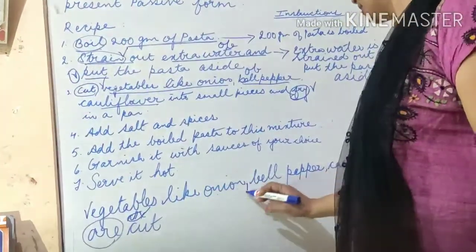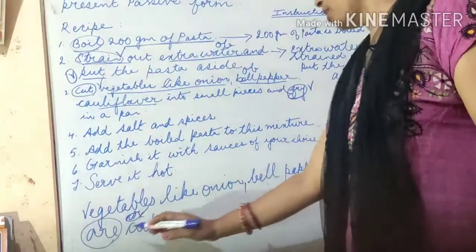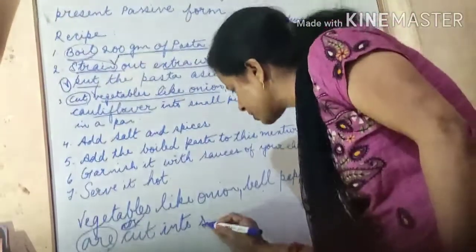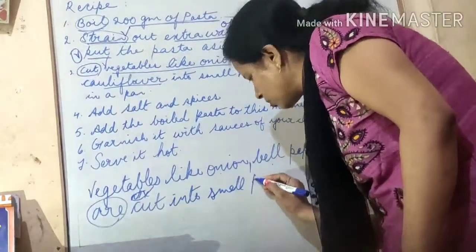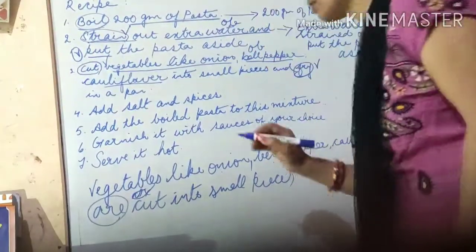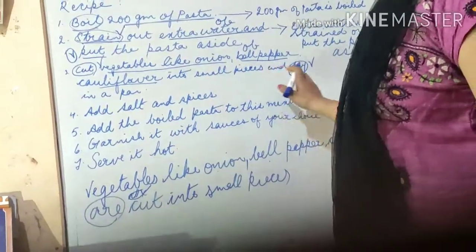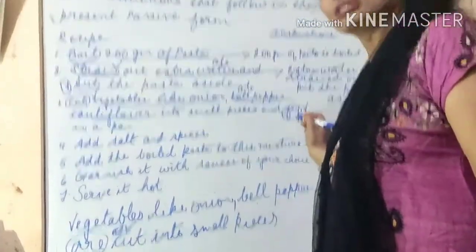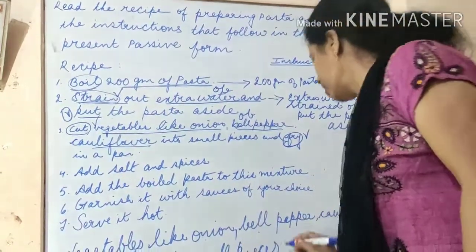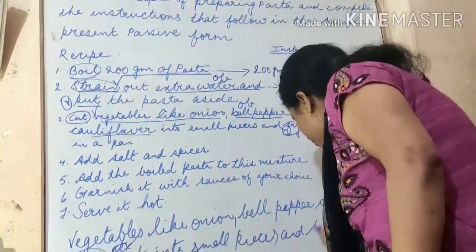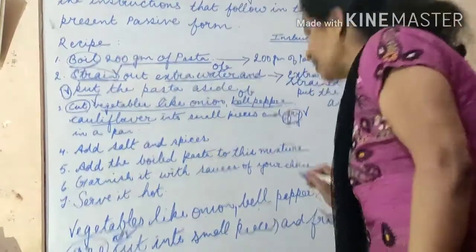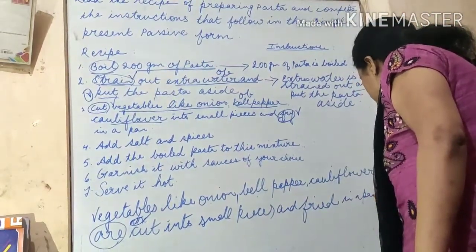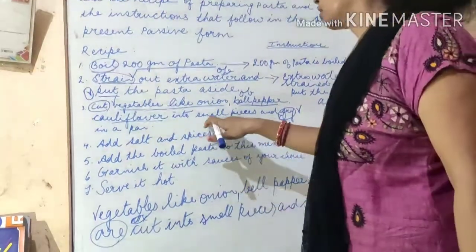So vegetables like onion, bell pepper, cauliflower, etc. are cut into small pieces and fried. V3 of fry is fried, fried in a pan. So this is the third step of cooking pasta.